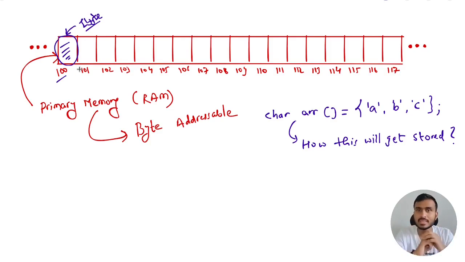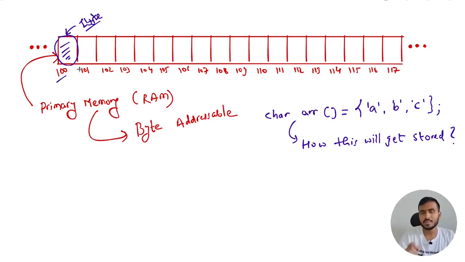Always remember, primary memory is byte addressable, and each and every byte is going to have a unique address. It's like the URL of a website. Each and every website has a unique URL. Similarly, each and every byte in our primary memory has a unique address. I hope you are clear with this. That's why it is called byte addressable memory.